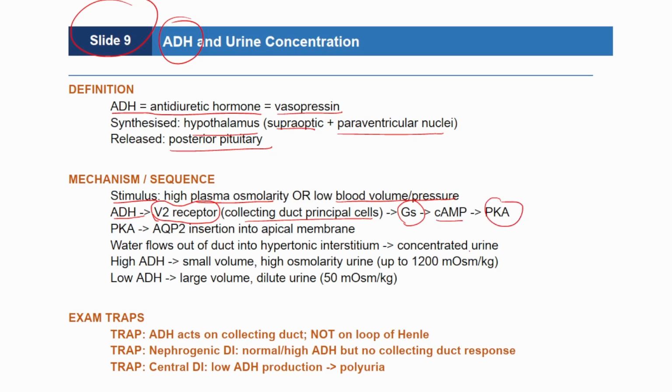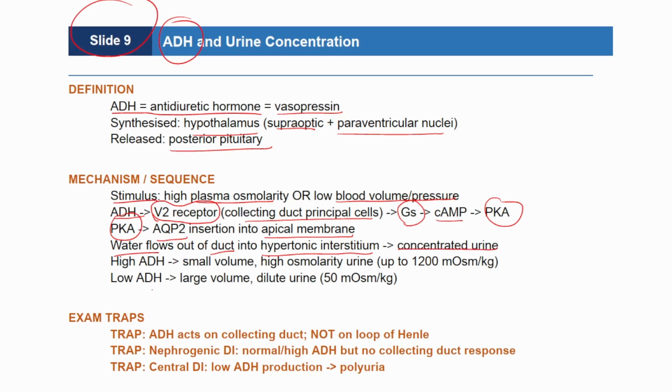This activated PKA directly mediates the exocytosis and insertion of aquaporin 2 water channels into the apical membrane facing the tubular lumen. Consequently, water flows out of the collecting duct down its osmotic gradient into the hypertonic medullary interstitium, leaving behind highly concentrated urine.